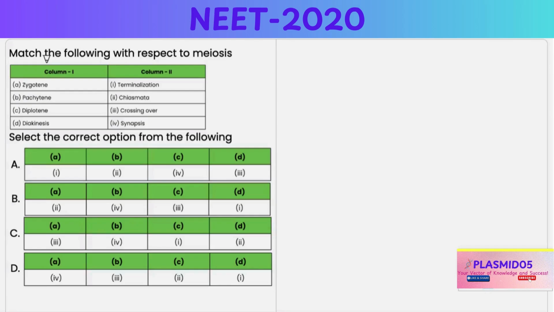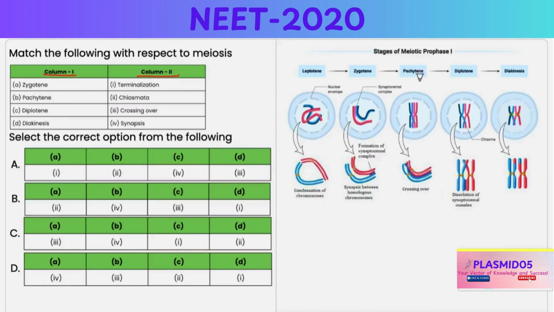In this question, you have to match the components under column 1 with that of column 2. During the zygotene stage of meiotic prophase 1, the homologous chromosomes pair up and become aligned side by side, and this process is known as synapsis. And the alignment of the homologous chromosomes is facilitated by the formation of the synaptonemal complex, which is a protein structure that holds the chromosomes together.